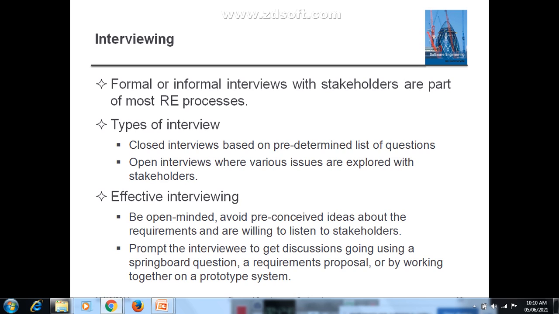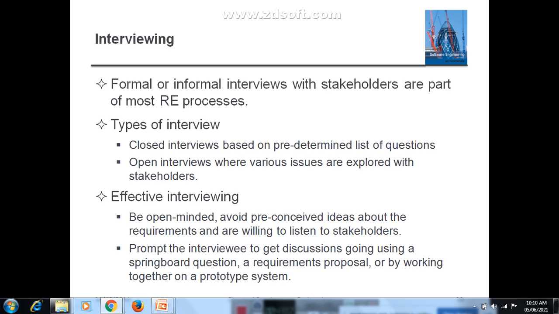Whenever the manager is conducting an interview with different kinds of stakeholders, the interviewees need to get a discussion going using springboard questions. That means a predefined list of questions will be given to the interviewee, and on that they are going to do the discussions, and the requirement proposal for that system development.